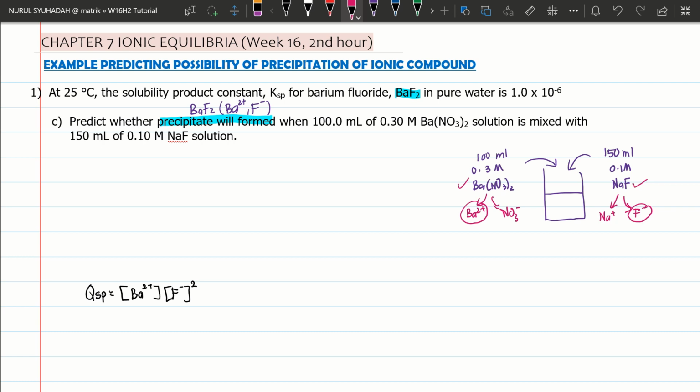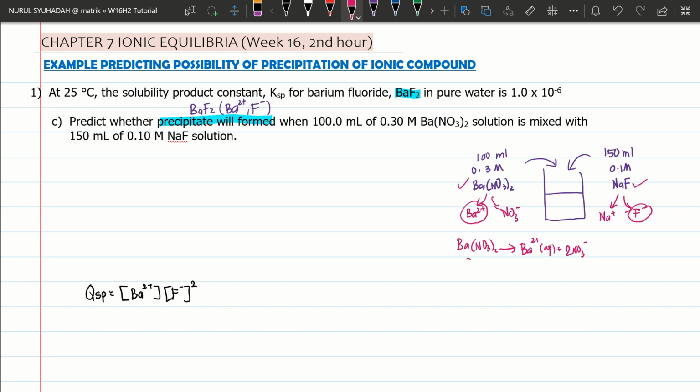So, here, once you know where the concentration will come from, and you understand that the salt will dissociate completely, so Ba(NO3)2 will dissociate into Ba2+ aqueous plus 2NO3- .